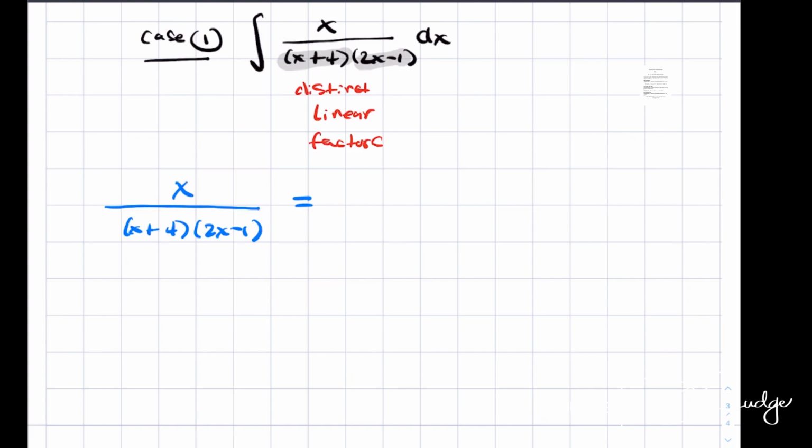This is a review, really, again, that process you guys want to go back and review, because here you have a fraction, and here's what we're going to do. For every distinct, different linear factor, you're going to write a, that's going to be a constant, over that first linear factor, and then plus b over the second linear factor. That's 2x minus 1. So a is a constant, ladies and gentlemen. B is a constant. So this is how we start our partial fraction decomposition with distinct linear factors, case 1.